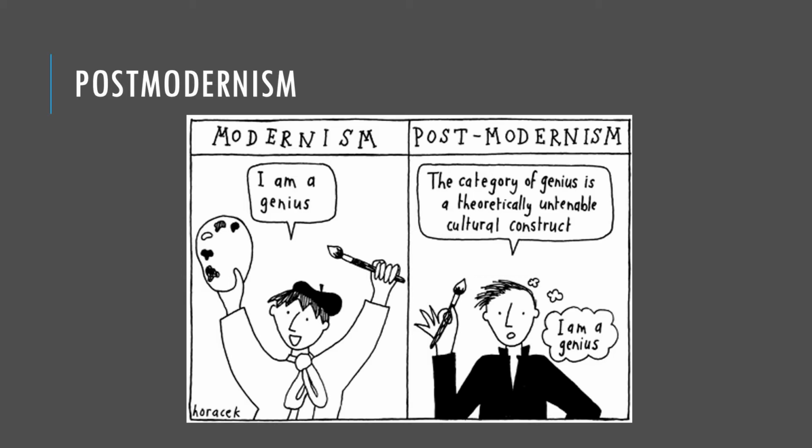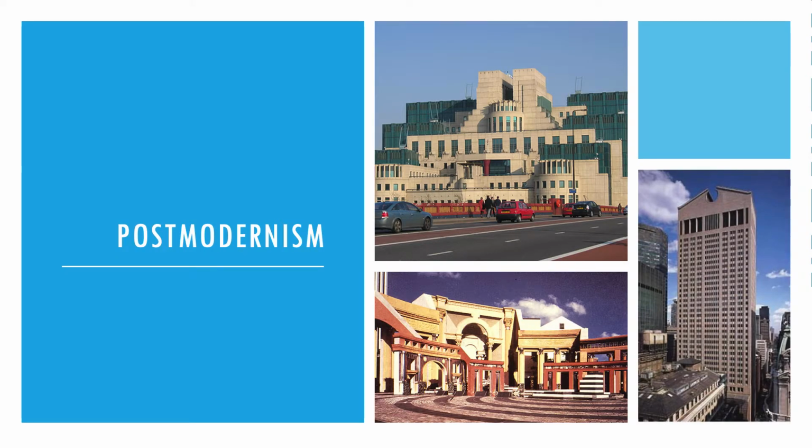So instead of it just being focused on the individual, it's actually really questioning, well, what is that notion of the individual, and which particular theory do we want to take on board, and how do we want to look at that? So one of the very easy ways to see and understand postmodernism is through architecture.